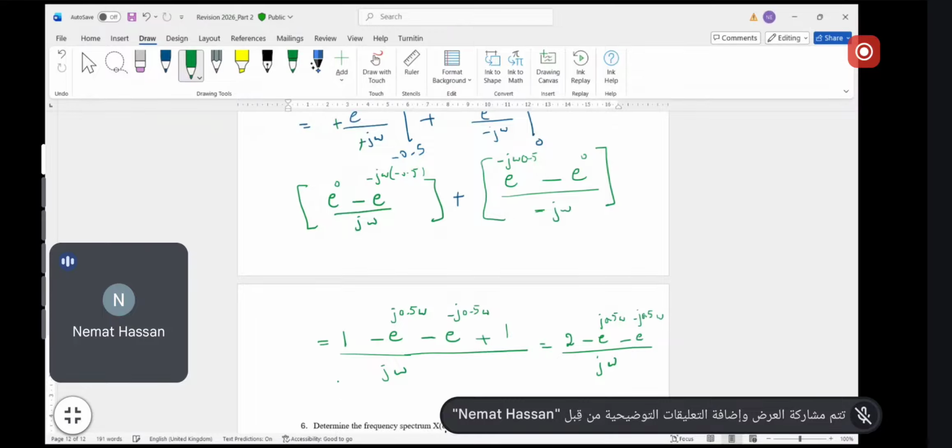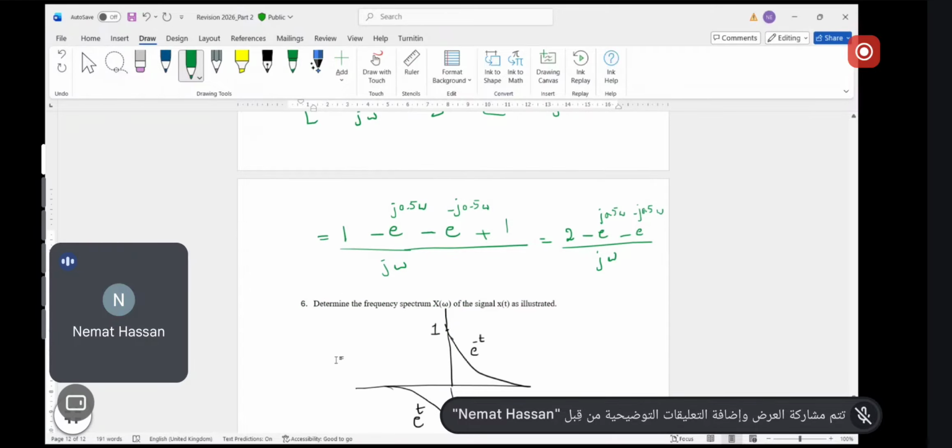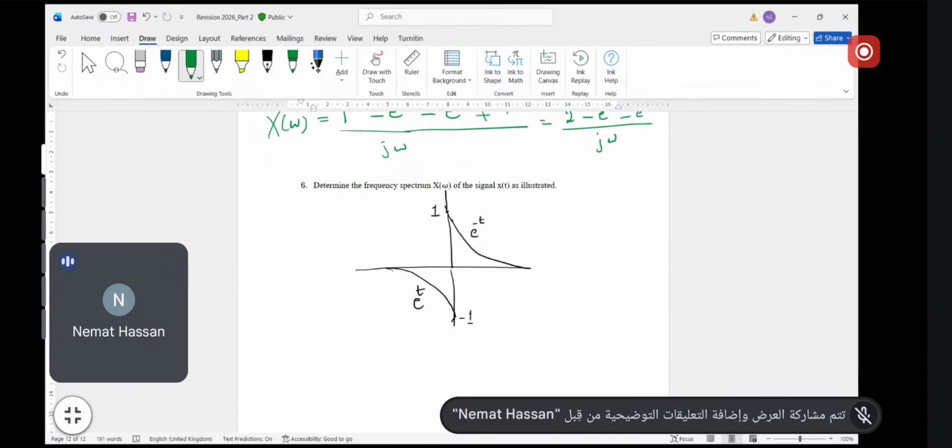And I'll leave it here. You can further simplify it if you try to convert it into a sine function, but I'll leave it there. So this is your x of omega.